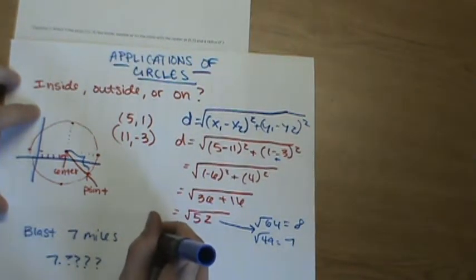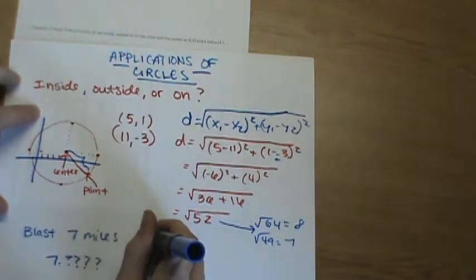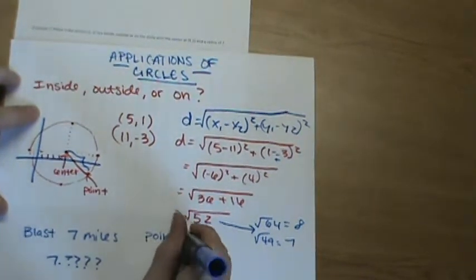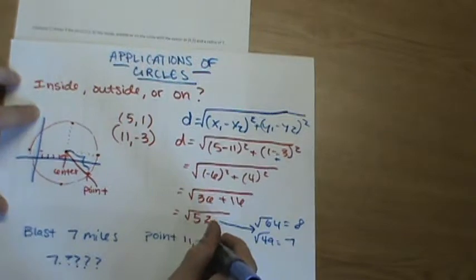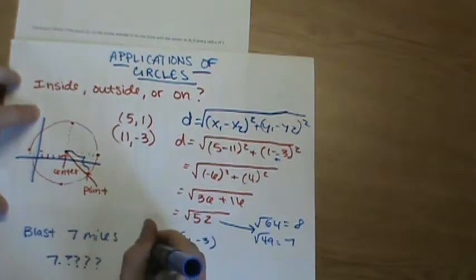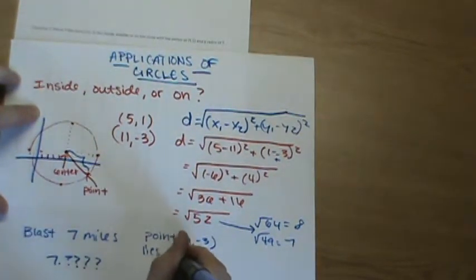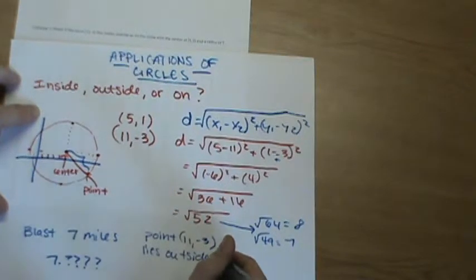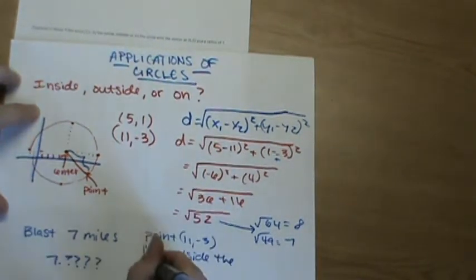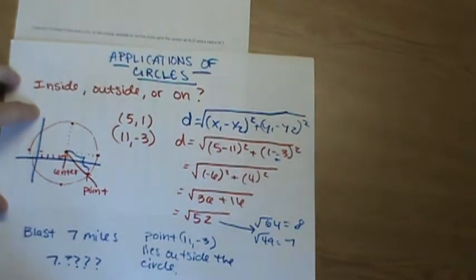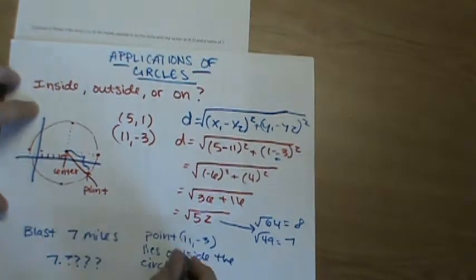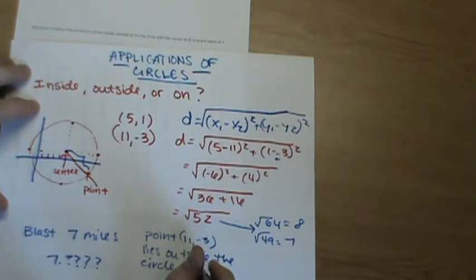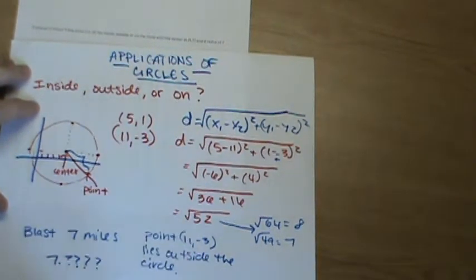So I would say point 11 comma negative 3 lies outside the circle. And you can go on to say why. You can say the radius is 7 and we're 7 point something away from the center. And that's all you have to do.